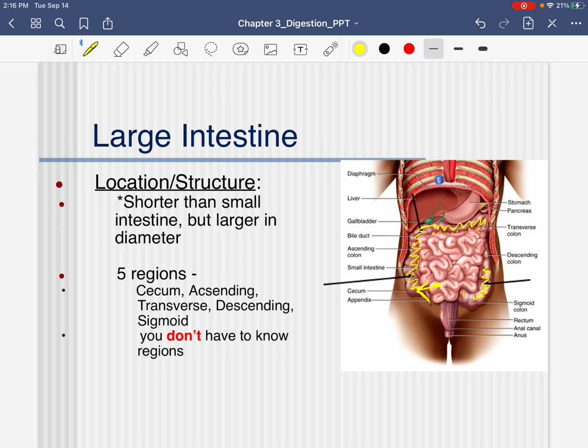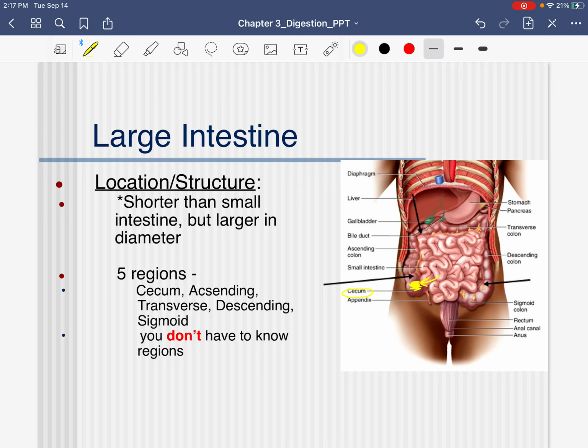Okay, so in terms of the structure, the large intestine does have 5 different regions. I've listed them there: cecum, ascending, transverse, descending, sigmoid. You do not have to know them. If you're wondering, some people are curious, the cecum is the beginning region, closest to where the small intestine meets the large intestine.